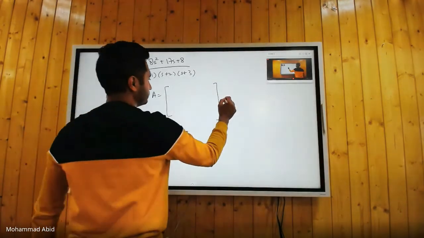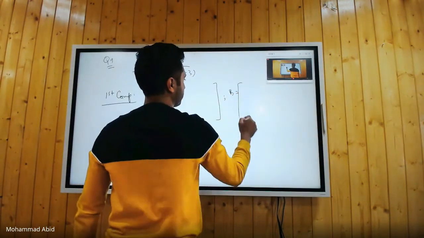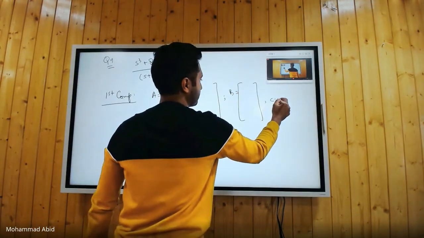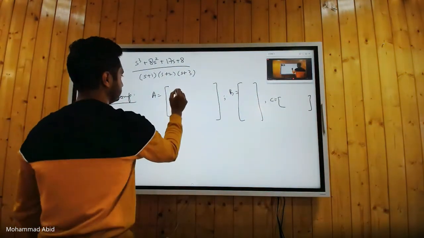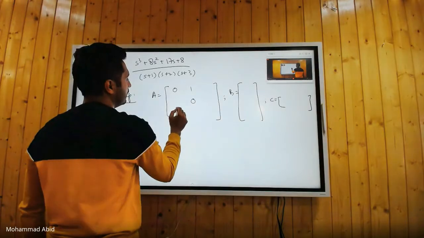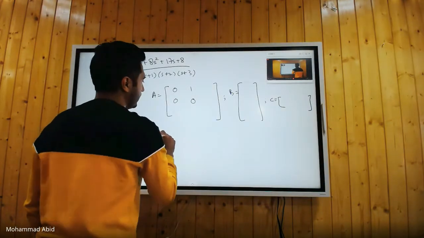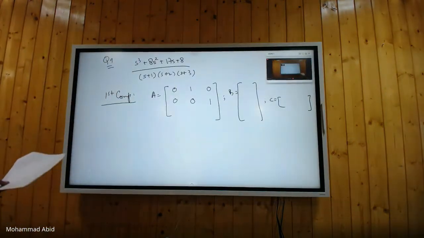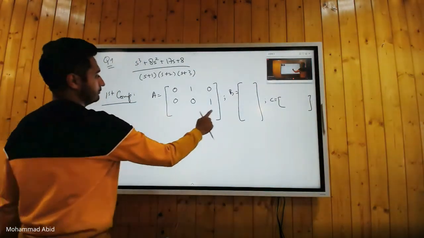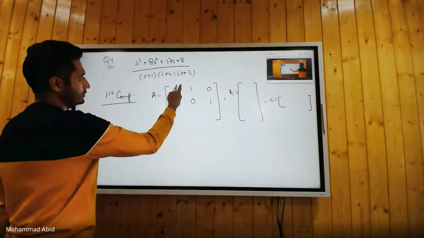Just by inspection. You know, first companion form 0, 0, 1, 0, and what? 1 here, 0 here, and the last row is okay.